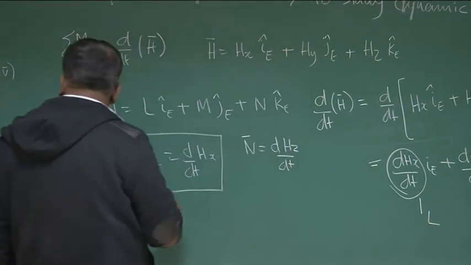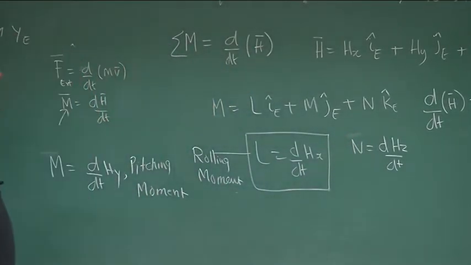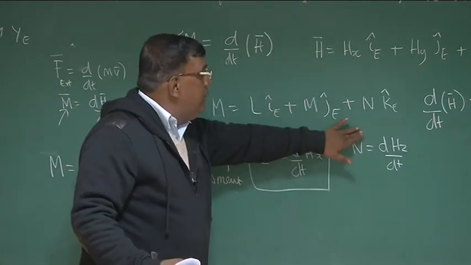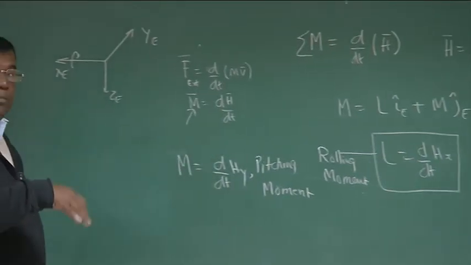So these dHx by dt, dHy by dt, dHz by dt are scalar components, and direction is given by ijk. So I have removed the vector sign here. Ideally I should write M, which is about the y axis, pitching moment.